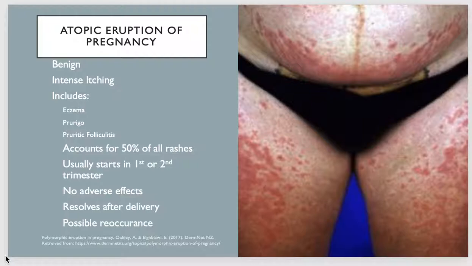So we treat it with topical Benadryl and oatmeal baths, and she can take oral Benadryl in the evening because you don't want to give it to her during the day, because she can get really sleepy. But that's basically the best way to be treating this type of rash.